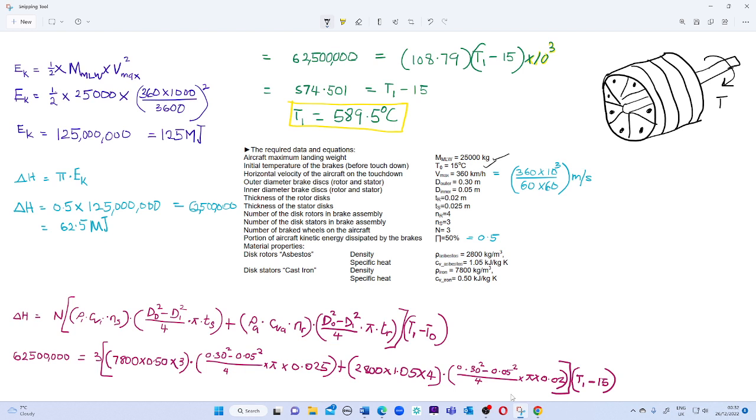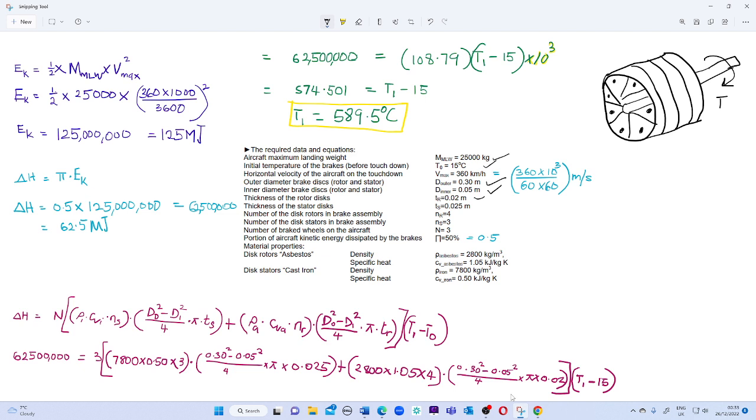So by converting it to meters per second. We are given the outer diameter of the brake disc to be 0.30 meter. We're given the inner diameter of the brake to be 0.05 meter and the thickness of the rotor disc to be 0.02.